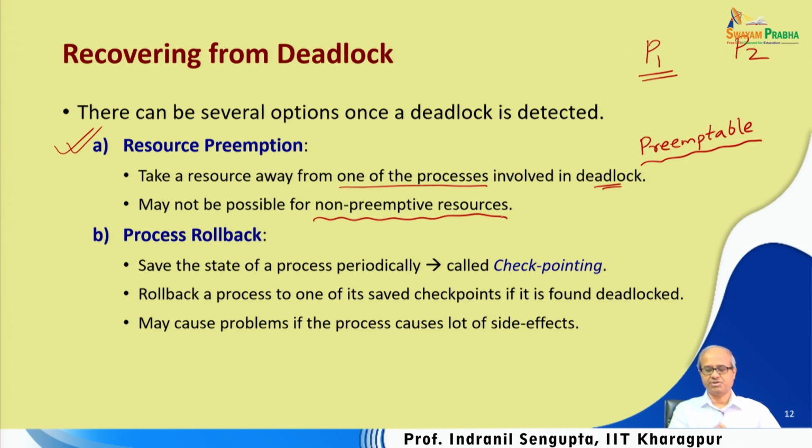This is one approach. The other approach, of course, incurs more overhead. This is something that is referred to as process rollback. So, what you do is that, suppose this is our axis of time. Periodically, we save the state of a process.